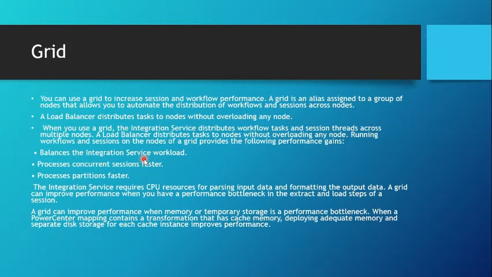So that is what the load balancer is trying to tell us: it transfers the load to other tasks, to other available nodes. Next topic: it processes concurrent sessions faster. Why are we saying that? Suppose you are executing multiple tasks.